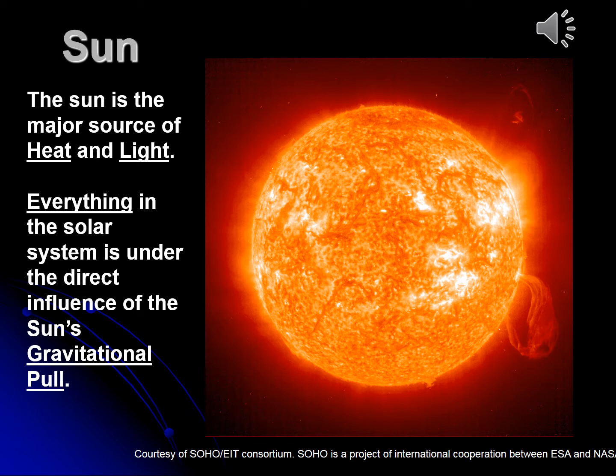Without the sun, we wouldn't have day and night. Everything in our solar system is under the direct influence of the sun's gravitational pull. If we did not have the sun, then we would not be orbiting around it. And if we're not orbiting, we would be floating in space, obviously meaning that we probably would not exist, because we have to have the right amount of sunlight and the right amount of heat in order to survive.